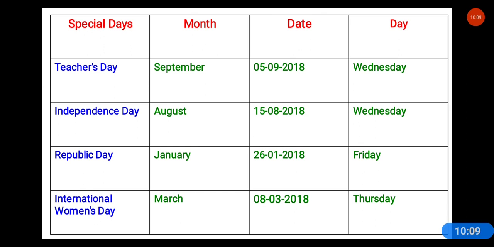Republic Day is celebrated in the month of January on 26th. And I have taken this date from the 26th Jan 2018. That day was Friday. International Women's Day is observed or celebrated on 8th of March.